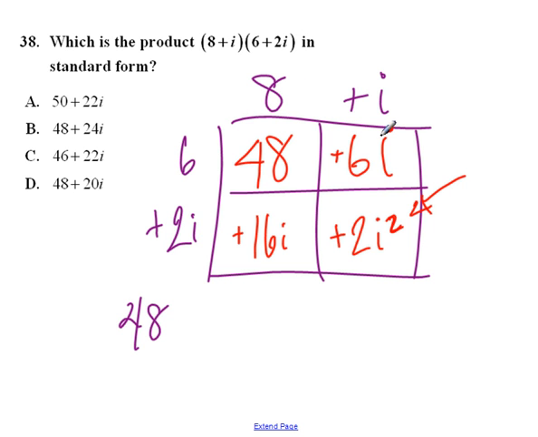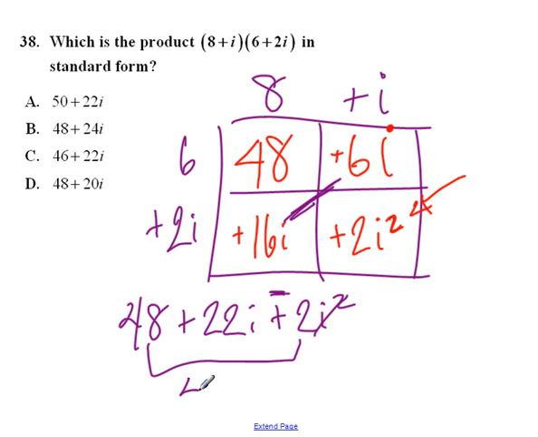So we get 48. Put these two together, gives me plus 22i plus my 2i squared. So that i squared really is just a negative 1, which changes that to minus 2. So 48 minus 2 becomes 46 plus my 22i. Winner.